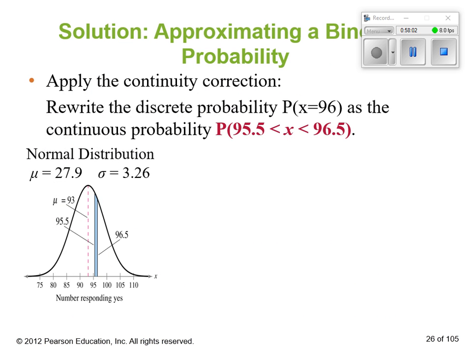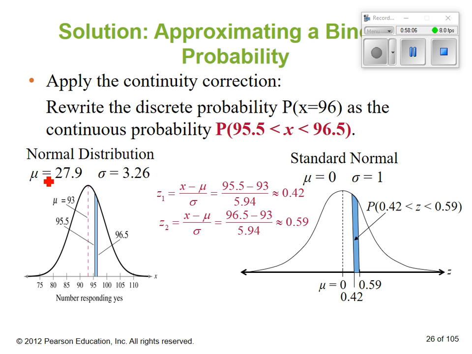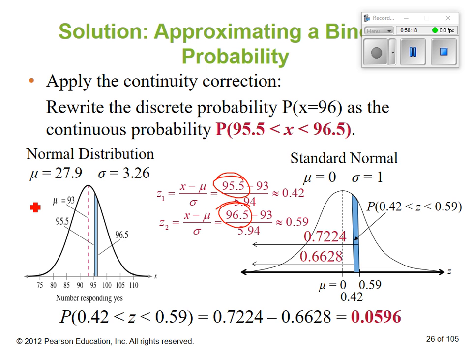Looks like we did all that right. We want just that. So when we did it, 95.5, 96.5, and the area we got, ooh, that's not what they got, oh yeah, maybe it is. 0.0596. Well, ours is 0.05906.